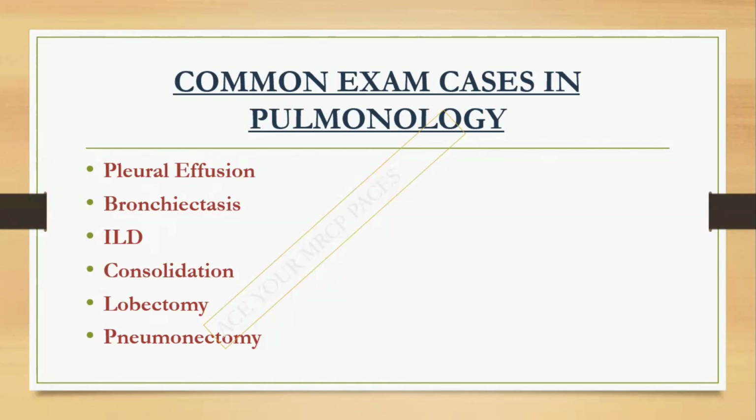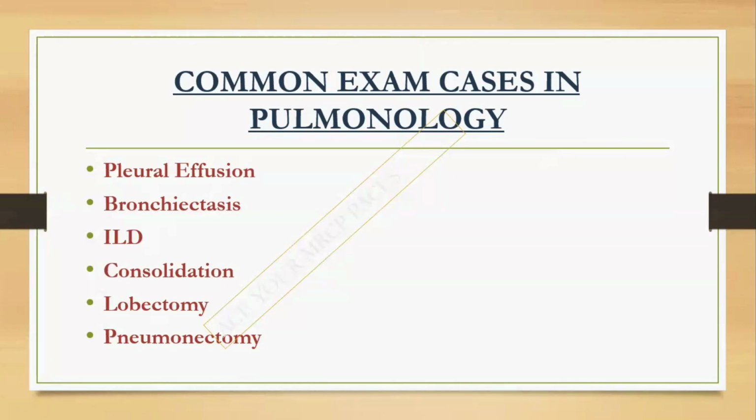Percussion note is resonant or dull. Mostly it is resonant if it is either bronchiectasis or interstitial lung disease. Only the finding will lie on the auscultation. In case of bronchiectasis, you will tell there are coarse crepitations present on both lung bases, present in both inspiration and expiration, or present in either, according to your finding, and they do not change their character on coughing.